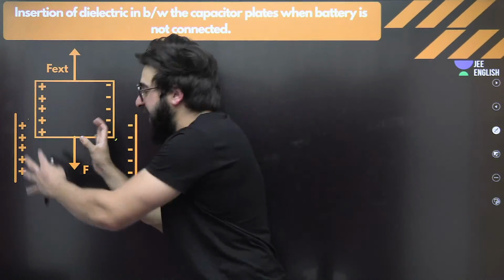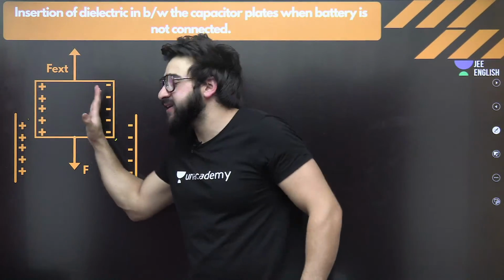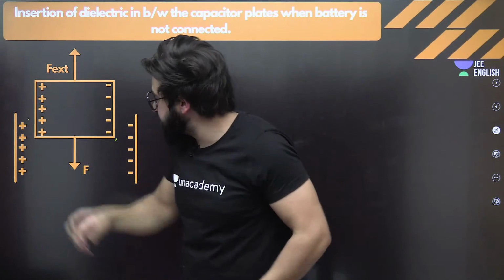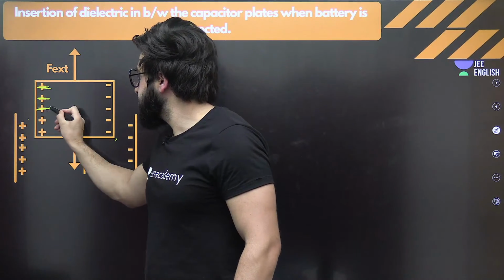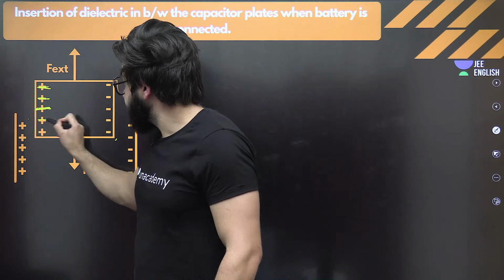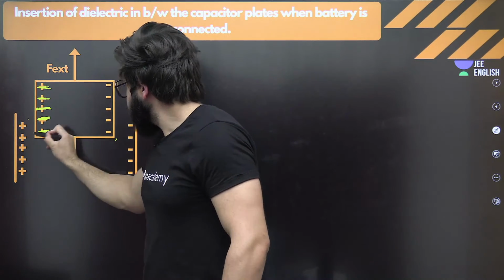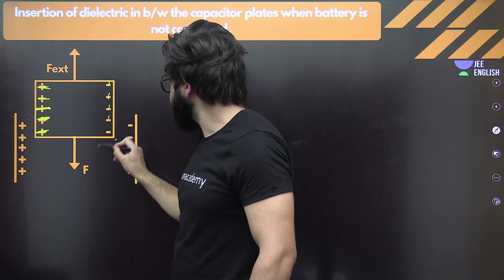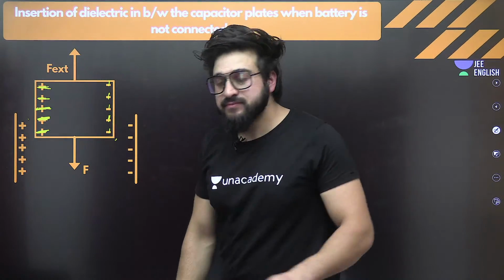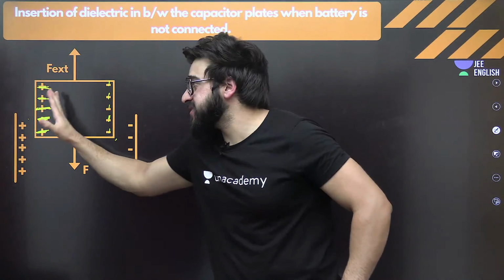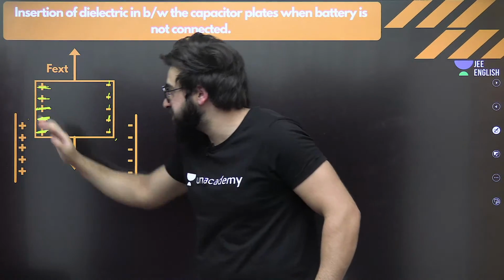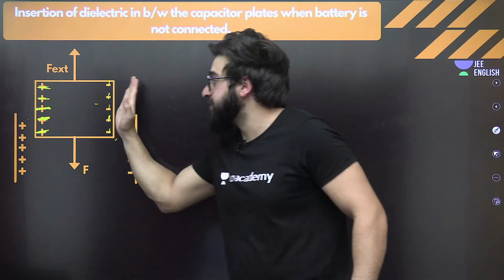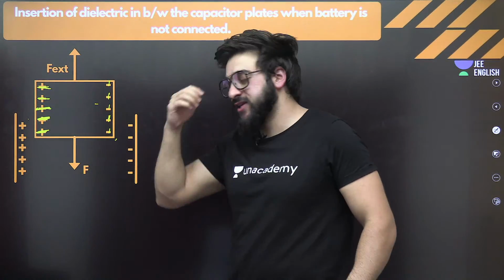We started placing the dielectric. What happens when we place the dielectric? There will be polarization. This will get shifted. This is the negative charge from this side. This is positive. So this will be polarized. Negative charge will basically shift to this side, and positive charge will basically shift to this side.